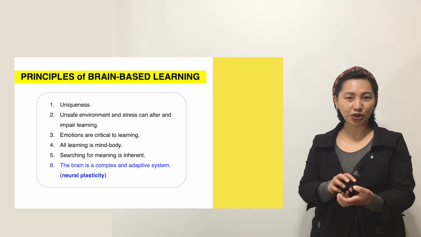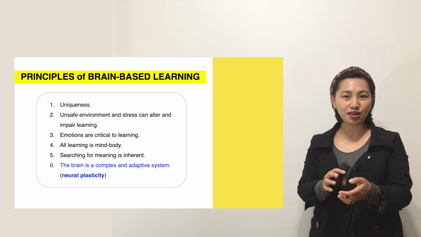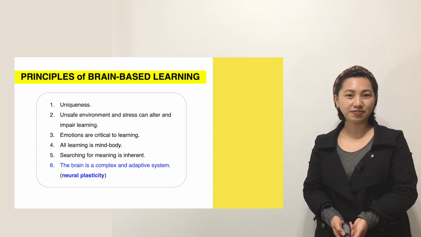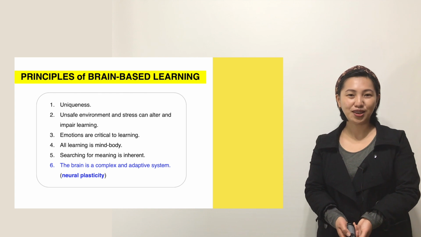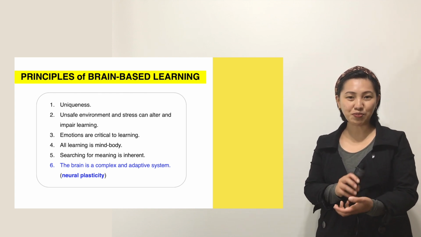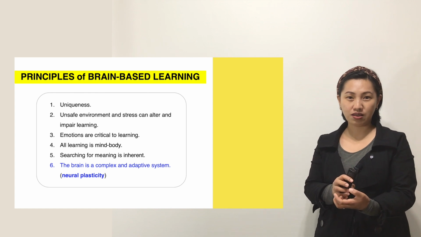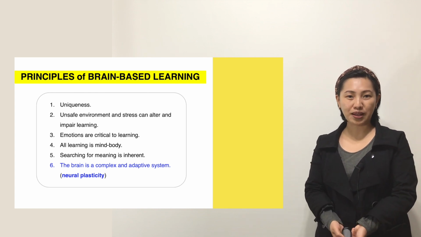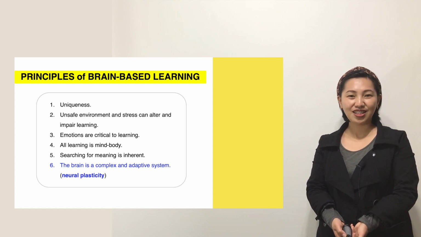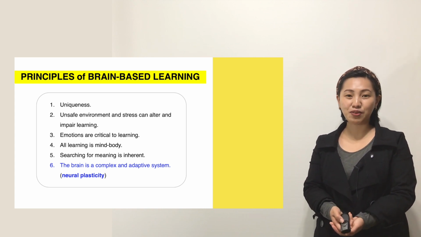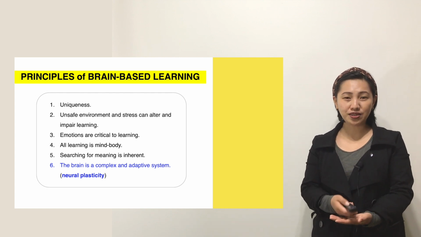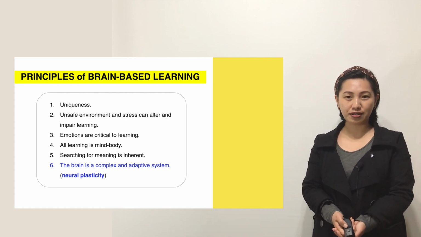The plastic material can be molded into different shapes, right? Just the same with the brain. It has the same ability to be molded. So we call it neural plasticity. Isn't that amazing? That means that the brain can familiarize itself with whatever information we set our sights on learning.